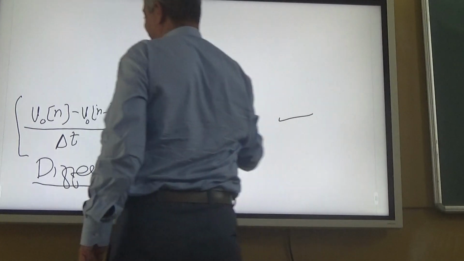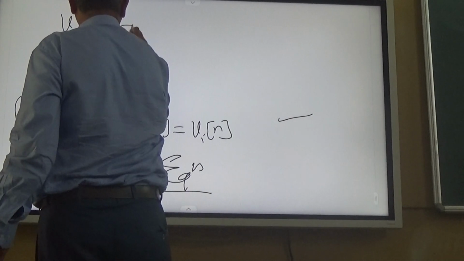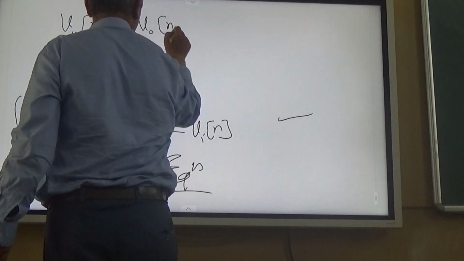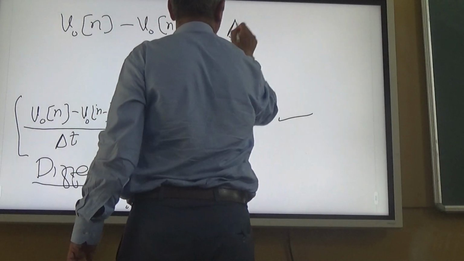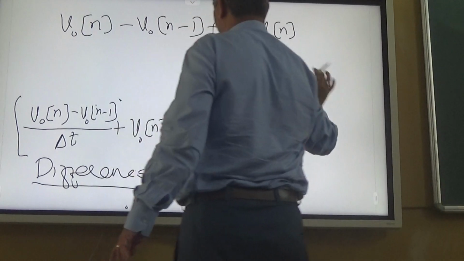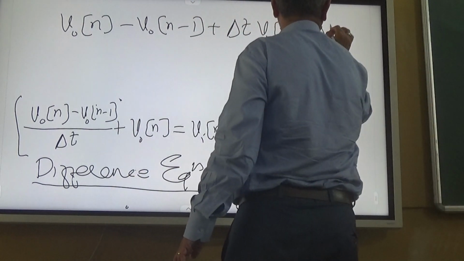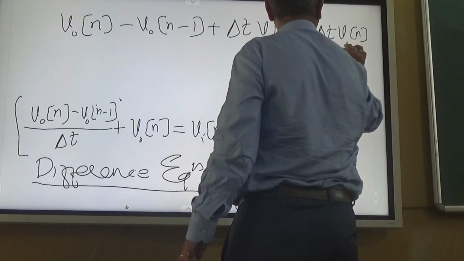That is VON minus VON minus 1 plus delta T VON is equal to delta T VIN. Is it right?